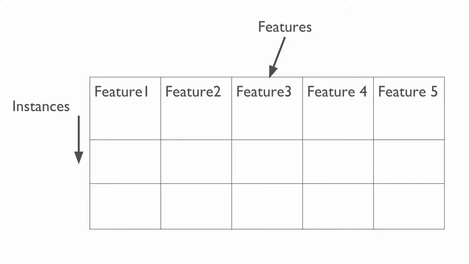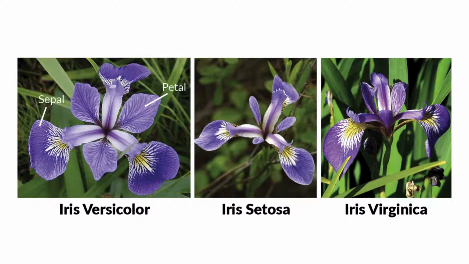Let us take some concrete examples, such as the iris dataset. The iris dataset is quite popular in the machine learning domain. The dataset contains 50 samples of 3 varieties of iris flower.